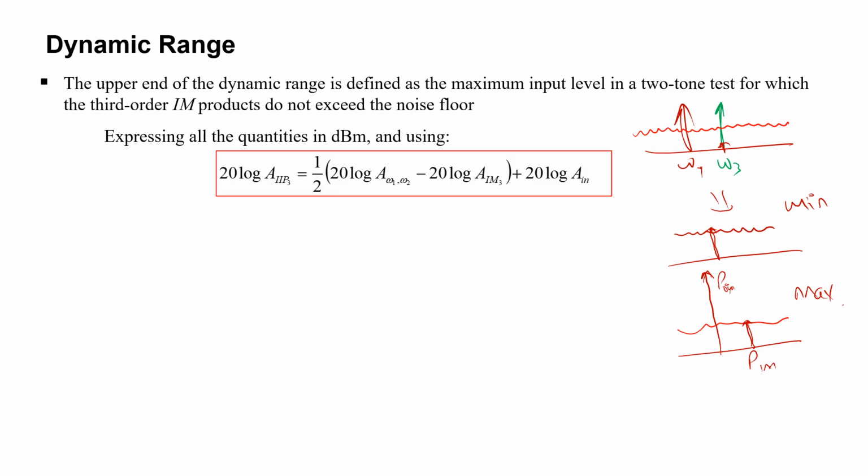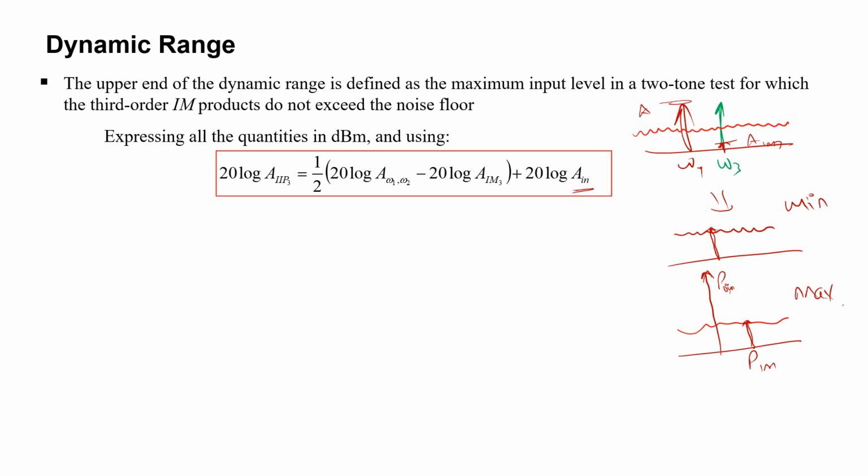Okay, expressing all the quantities in dBm and using 20 log A, where A is the amplitude, IP3 is the third order intercept point at the input, and the corresponding power at the input, or amplitude at the input, is equal to half of 20 log A omega 1 omega 2, that is the amplitude of my omega 1 and omega 2 signals, that is this signal A, minus 20 log A IM3, that is this level, plus 20 log A in.